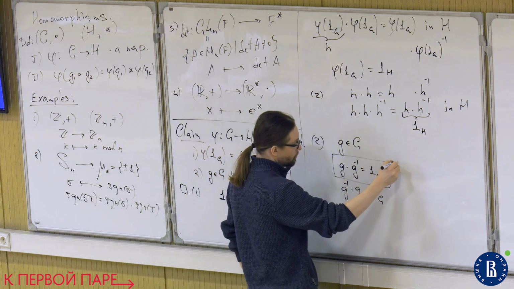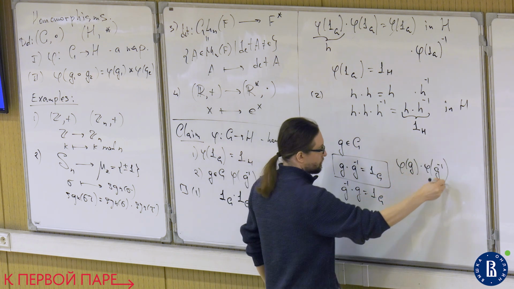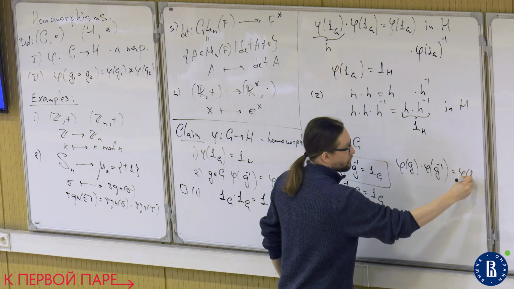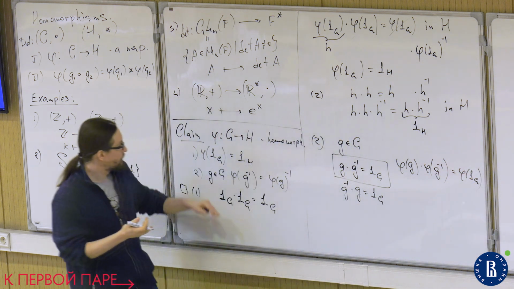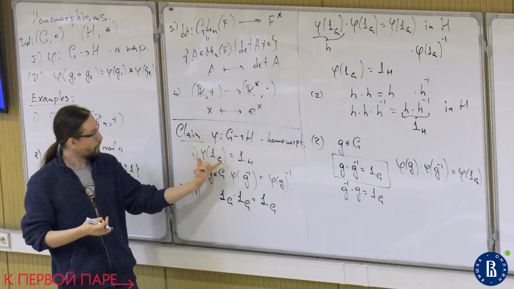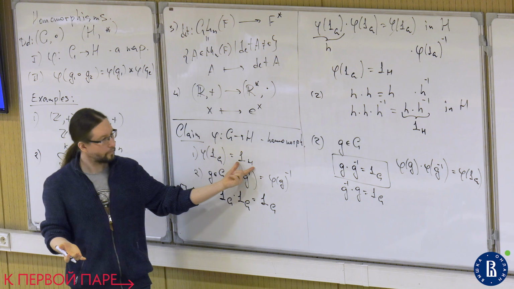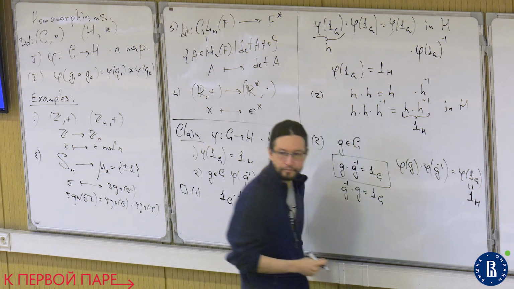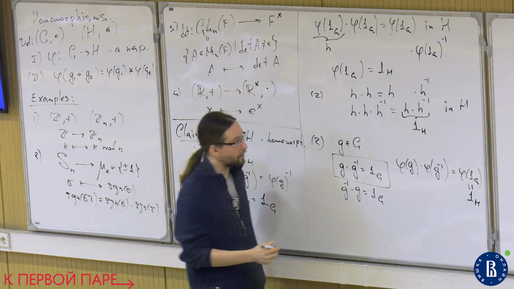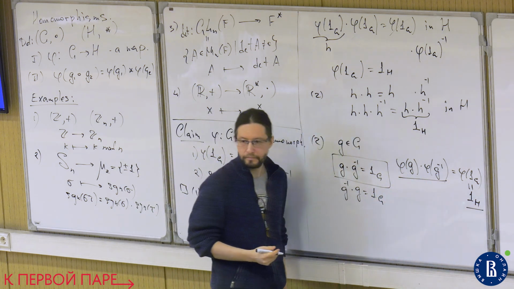So because phi is a homomorphism, we will get this. But because of the first item, we already know that the image of the neutral element is the neutral element of the other group. So the right-hand side is actually 1 of H. So now we have this equality. This is equal to this.